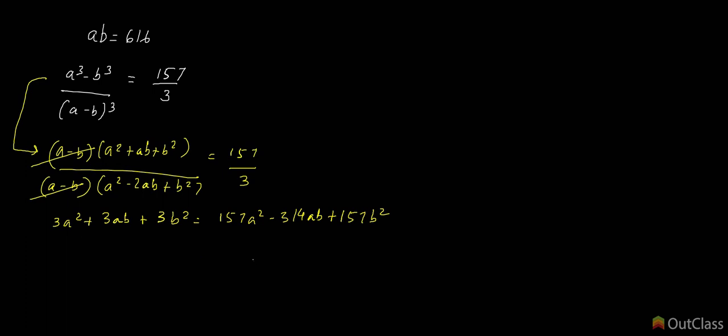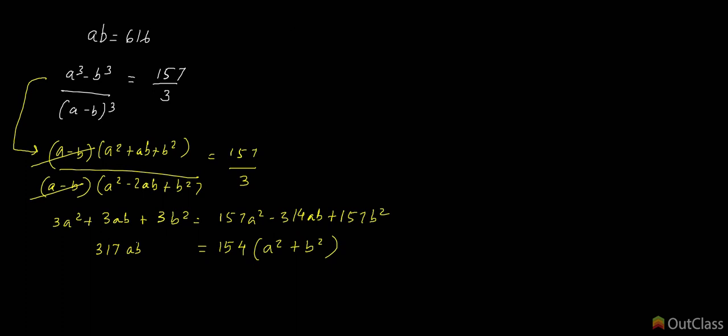Take the A squares and B squares to one side and the AB terms to the other side. You'll get 154 into A square plus B square, because the 3A square and the 3B square come to the other side and become negative. You take the minus 314AB to the other side, it becomes plus 314, so it's 317AB. We already know the value of AB.